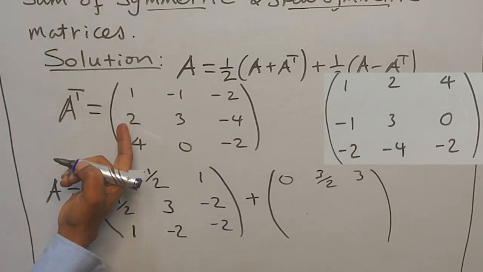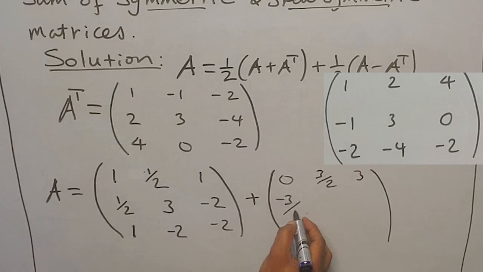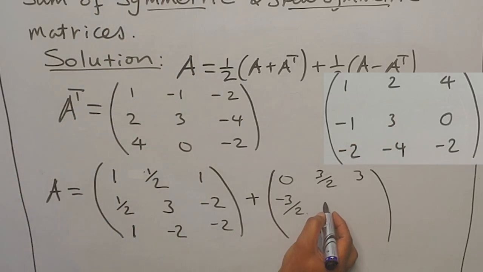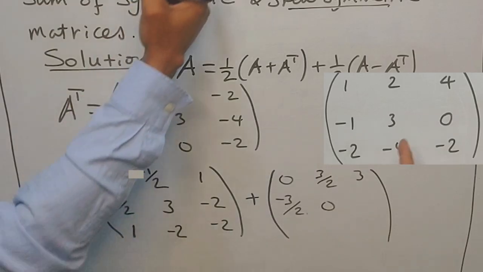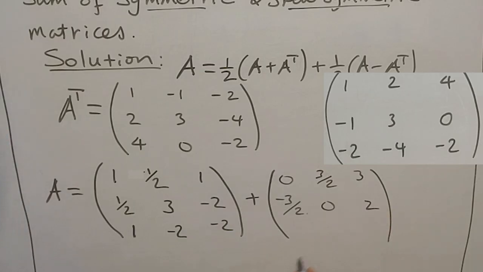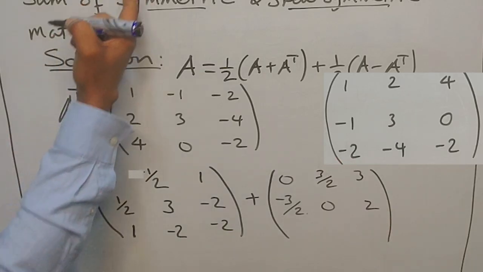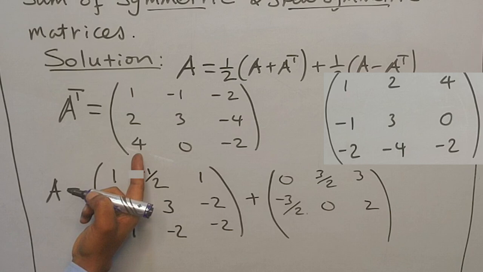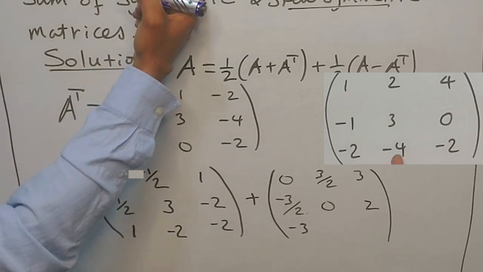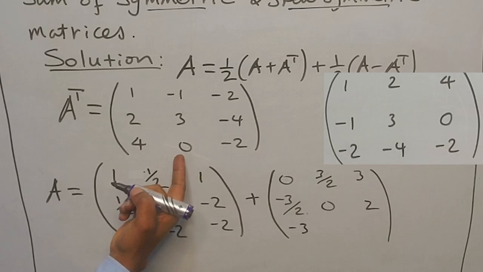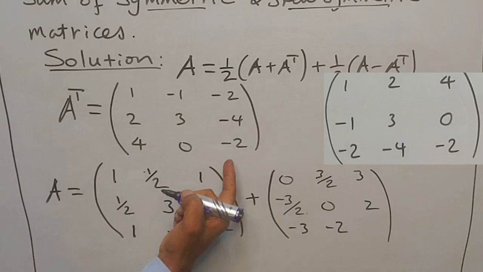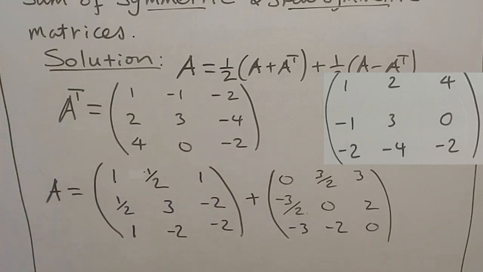Minus 1 minus 2, minus 3 over 2. 3 minus 3, 0 over 2, 0. 0 minus minus 4, plus 4 over 2, that is 2. Minus 2 minus 4, minus 6 over 2, minus 3. Minus 4 minus 0, minus 4 over 2, minus 2. Minus 2 minus minus 2, that's 0.